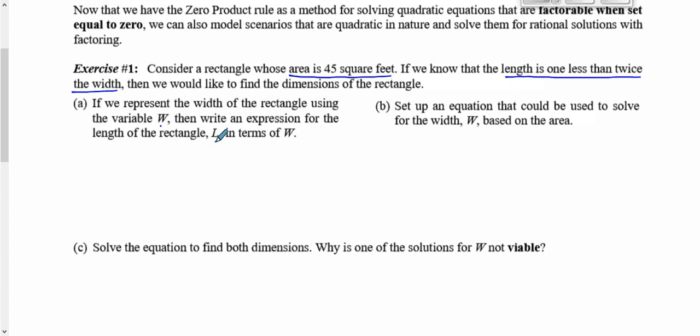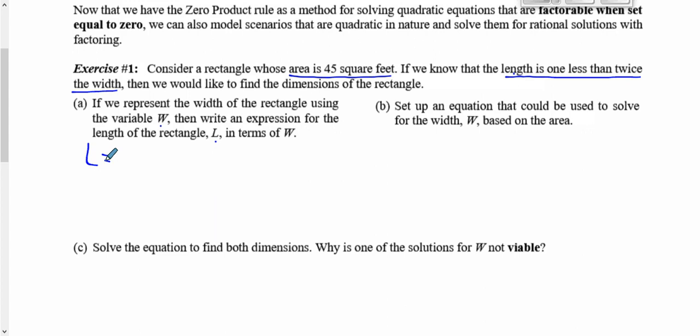So let's write something for length. What would length equal according to the words up there? 1 less than twice the width. W is the width, right? So it's 1 less than something, but 1 less than what? Twice the width. Okay, give me an expression here.